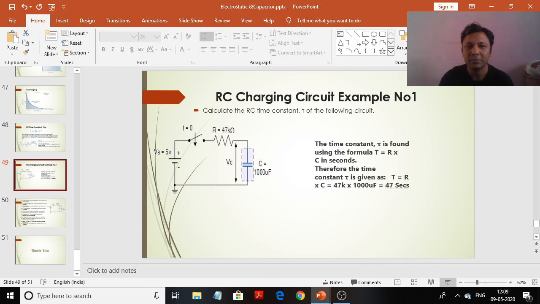This is one example of the RC time constant.